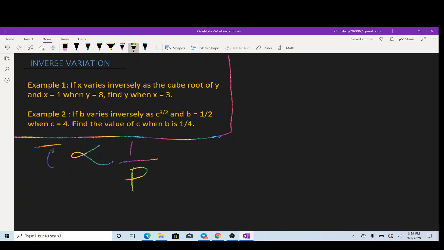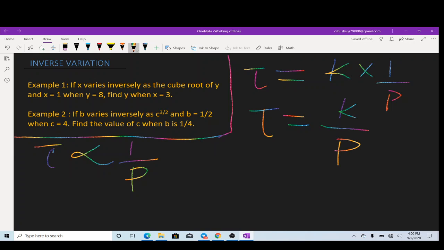Don't forget, I mentioned this in the previous video, there is a variation symbol, and this shows that there's an inverse relationship. So how do I go about this? I can change this to an equality sign by writing t is equal to k times 1 upon p, and that means t is equal to k upon p.